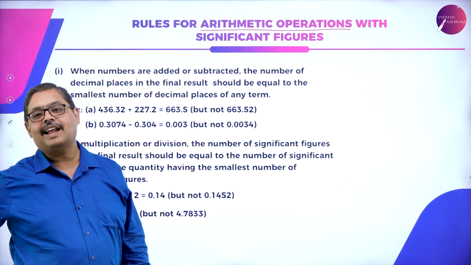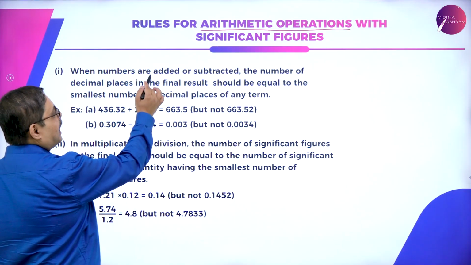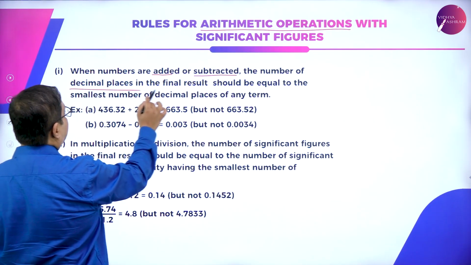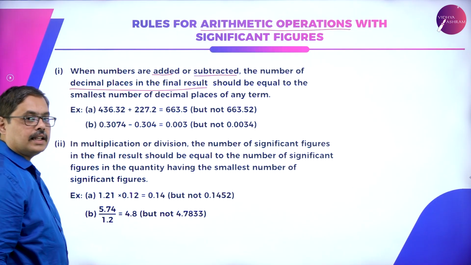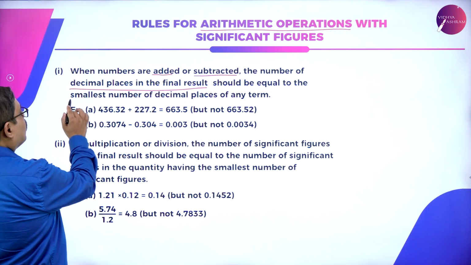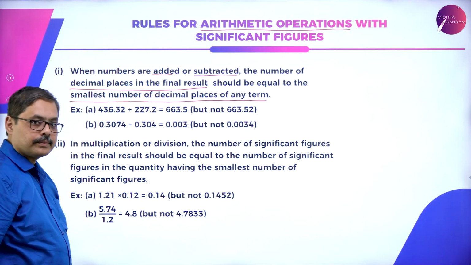What will happen to the last decimal point? Let us check. When numbers are added or subtracted, the number of decimal places in the final result should be equal to the smallest number of decimal places of any term.